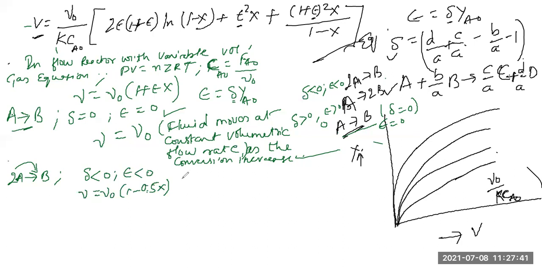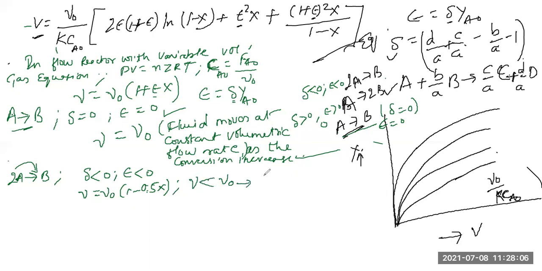So the volumetric gas flow rate will decrease. That is nu. If you substitute this here, since epsilon is less than 0, nu would again be less than nu 0, right? That is, the volumetric flow rate will decrease. This is important. Volumetric gas flow rate decreases as the conversion increases.